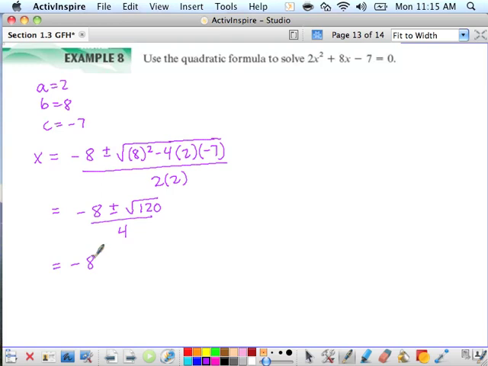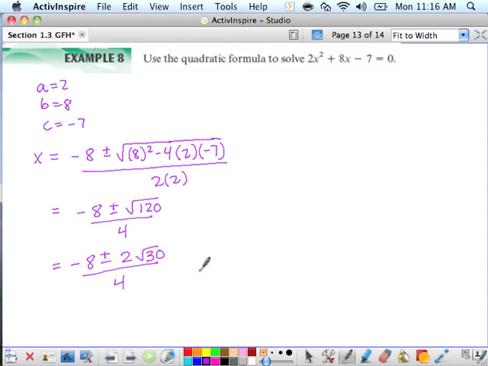So that's negative 8 plus or minus 2 square roots of 30 all over 4. Now what's wrong? We can simplify all 3 of the coefficients here: the 8, the 2, and the 4. Remember that you don't mess with what's under the square root, just the outer numbers. But if you simplify 2 of them, you have to simplify all 3 of them.